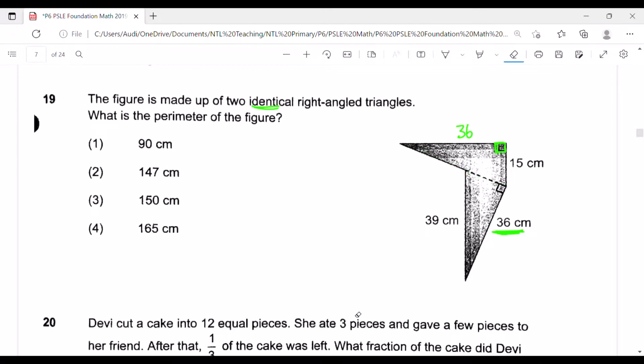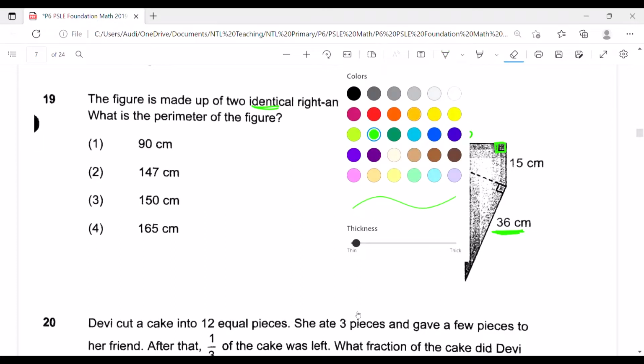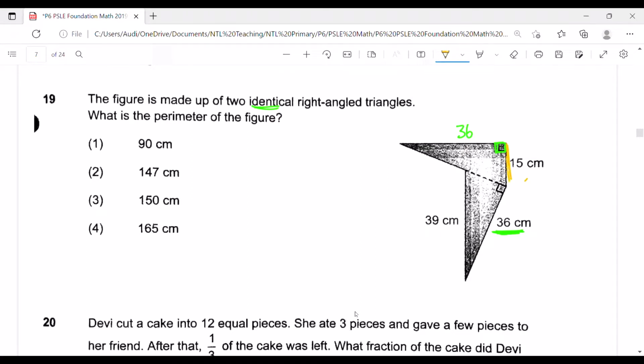But we don't know this part, right? How do we know this part? Here, let me use a different color. The bottom part here is this bottom part. So this is 15.